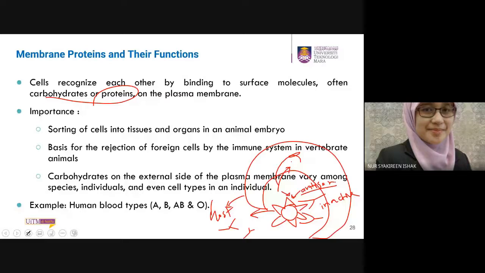So the third one is carbohydrates on the external side of the plasma membrane vary, berlainan, among species, individuals, and cell types in an individual.